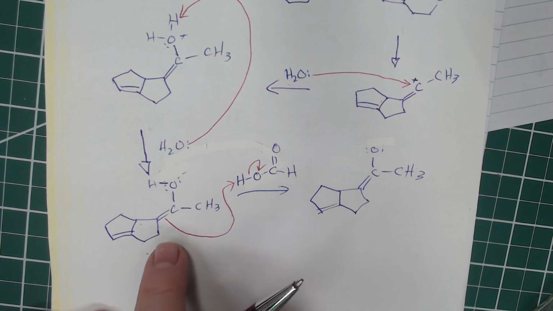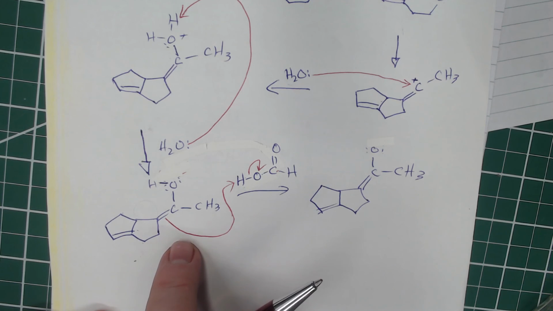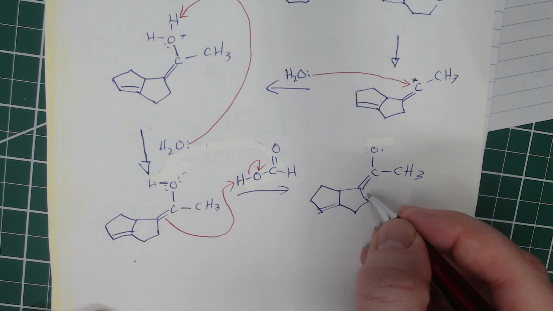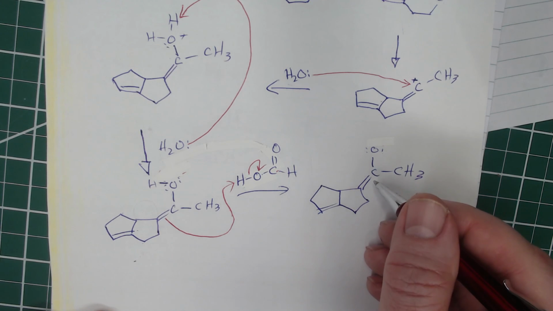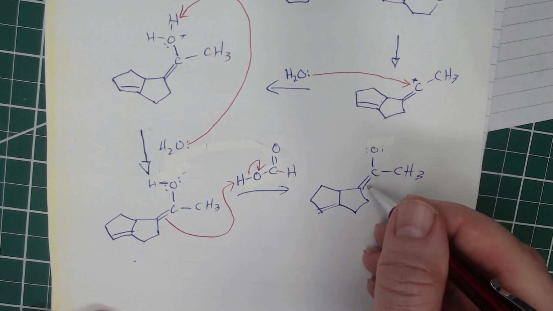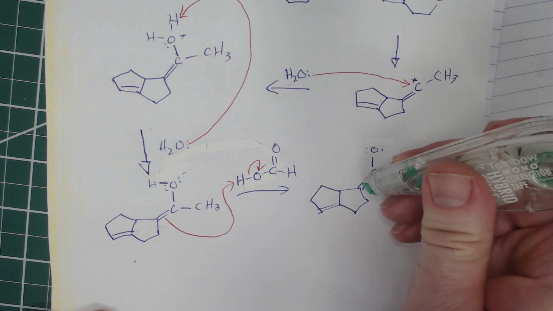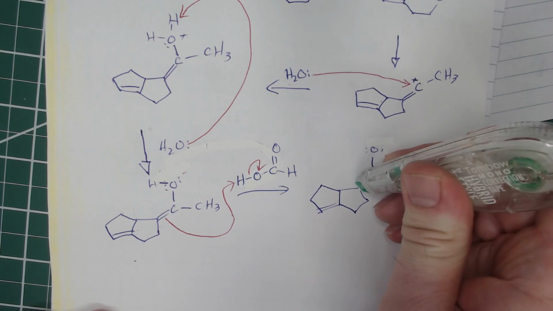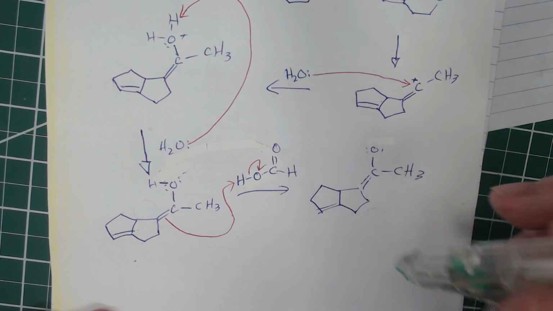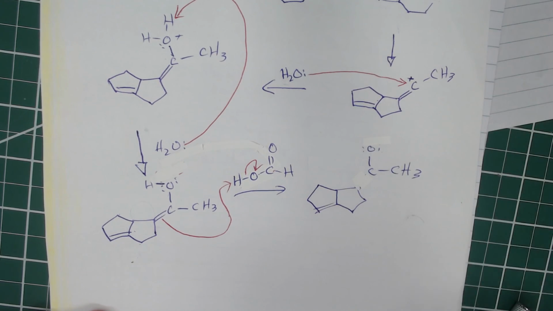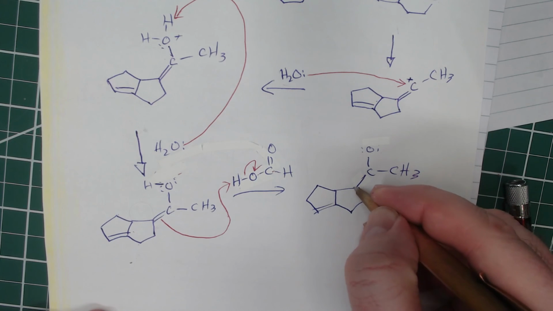All right, and so now we're going to have a protonated species over here. And the hydrogen is going to go here, so get rid of that. Have a single bond there.